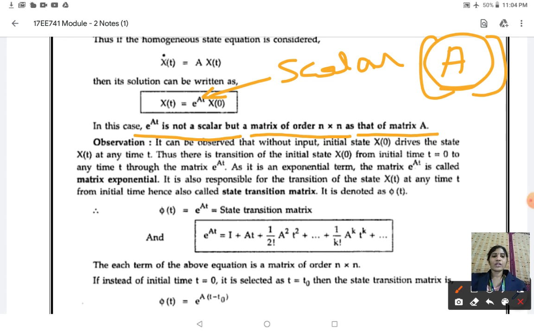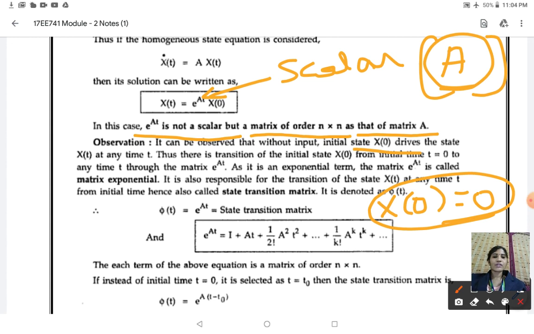So in this, when you observe, x of 0 is not equal to 0. Why? Because if you consider x of 0 as equal to 0, it means the initial condition is going to be 0, which is not accepted in case of your state variable approach. In case of state variable approach, the initial condition is not equated to 0.